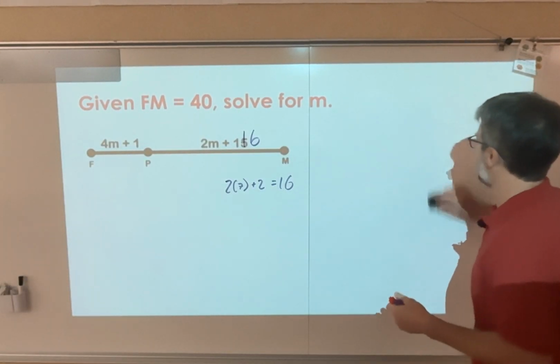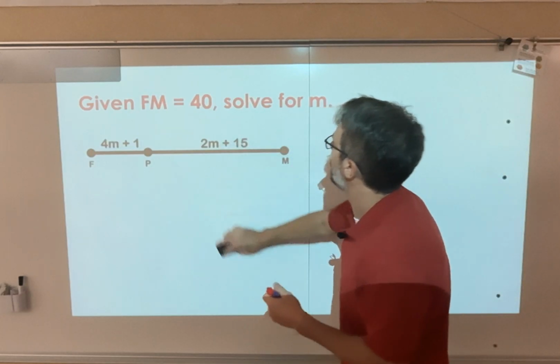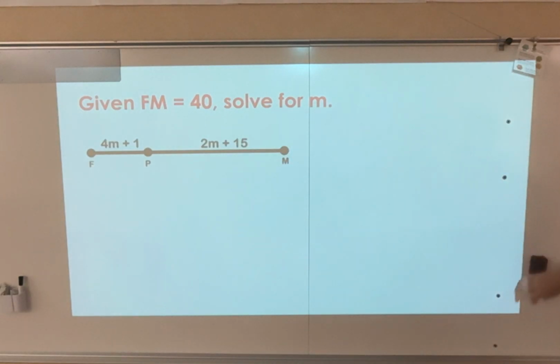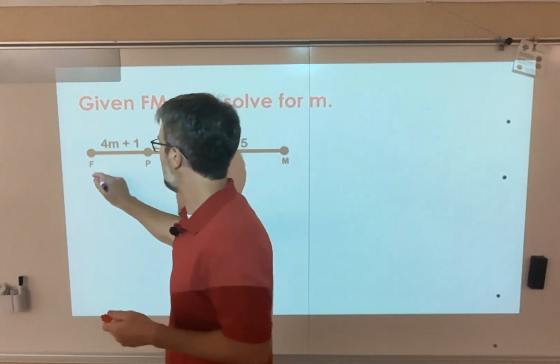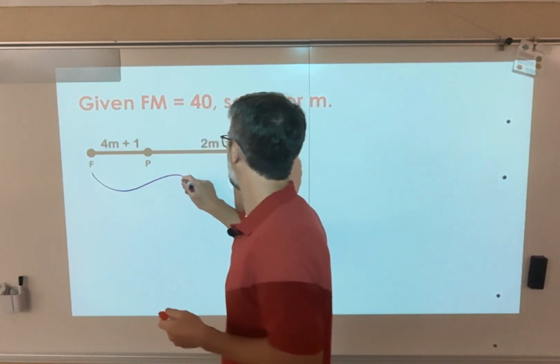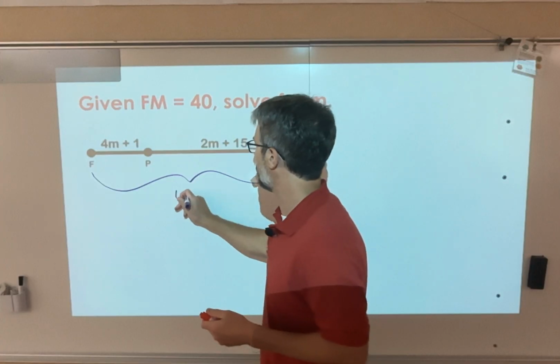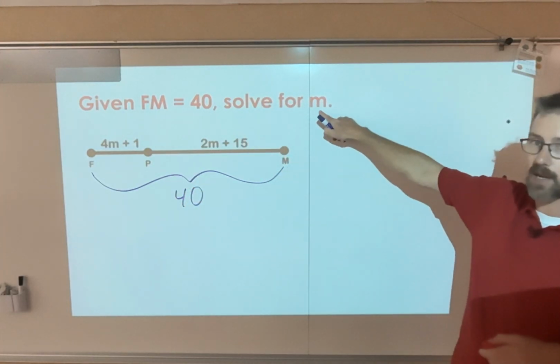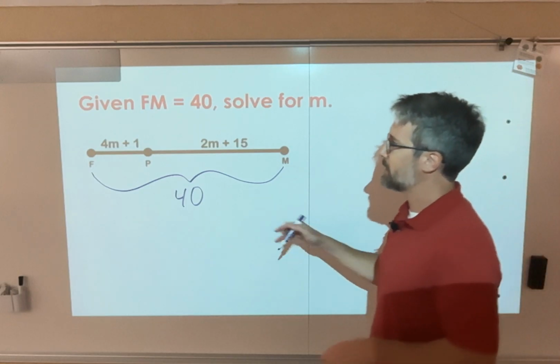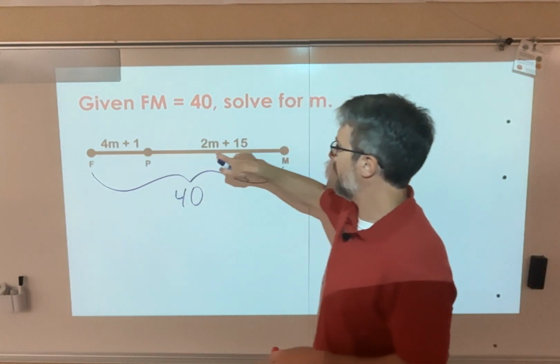We're going to need all the information from this one. Let's see. We've got, given that FM is equal to 40. So that means that from F all the way to M is equal to 40. And we want to solve for lowercase m, our variable. So I've got these two segments, right?